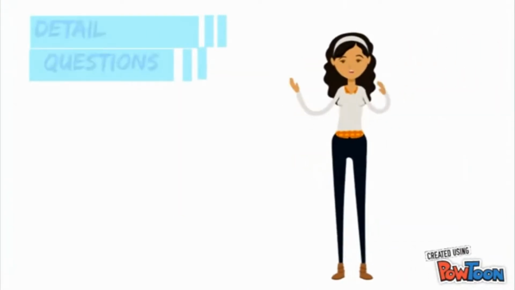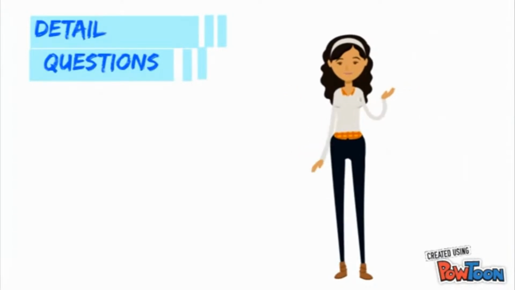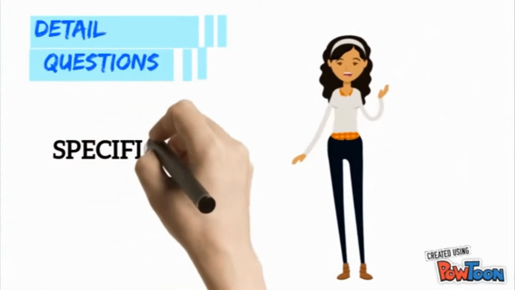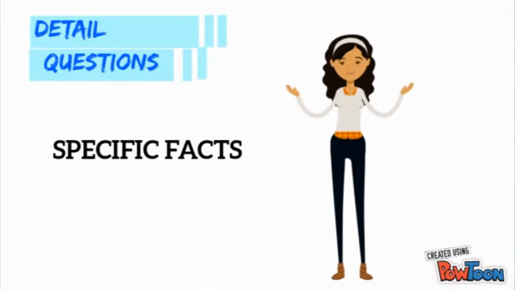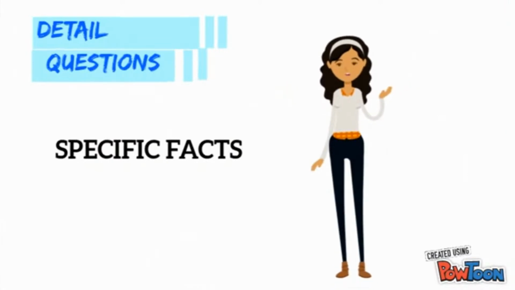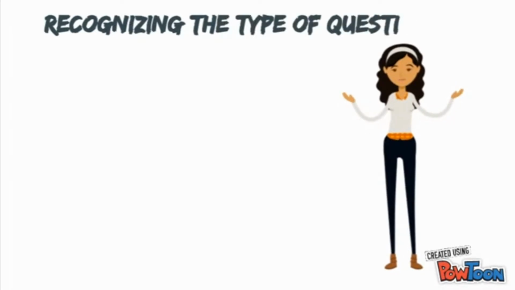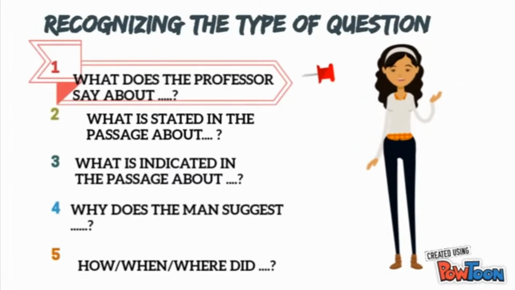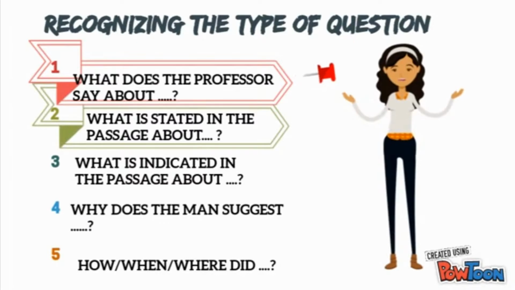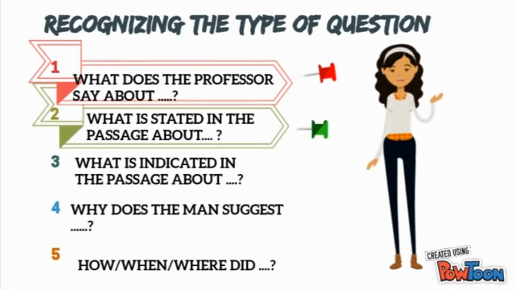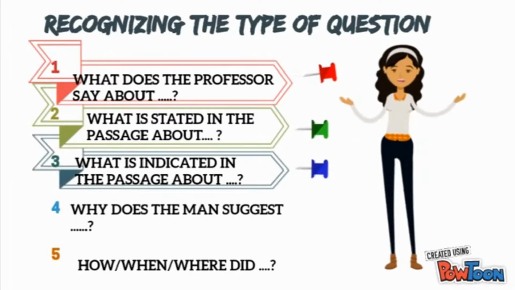The other type is detail questions. This kind of question will ask you to remember specific facts about the conversation or a lecture. You can recognize detail questions because they include phrases like, what does the professor say about? What is stated in the passage about? What is indicated in the passage about?